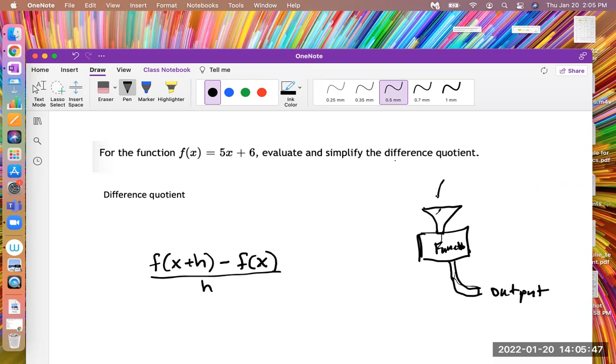So it has an input, maybe flour and sugar and eggs, and then it has an output, maybe muffins. That's what a function is like. The variable is like the basket waiting to receive the input.